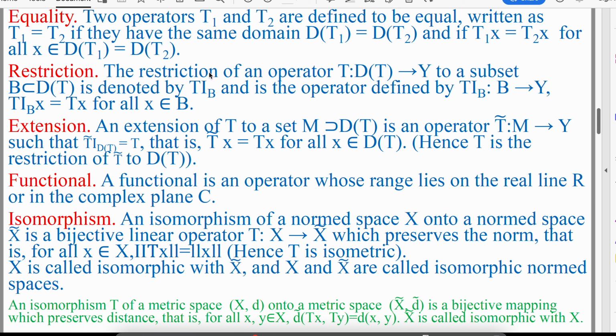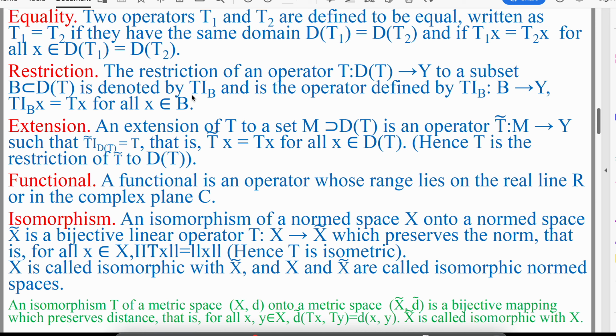We denote restriction of T to a subset B like this, and the restriction of an operator to a subset B is the operator defined from B to Y, such that T restricted to B of x is equal to Tx for all x belonging to B.